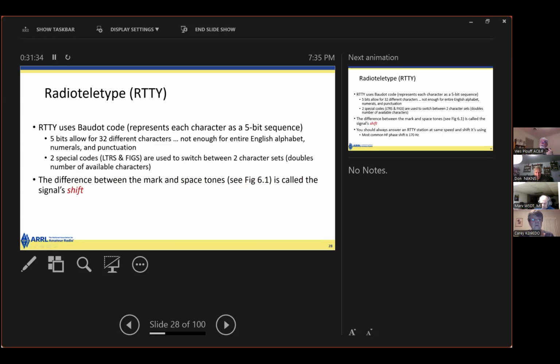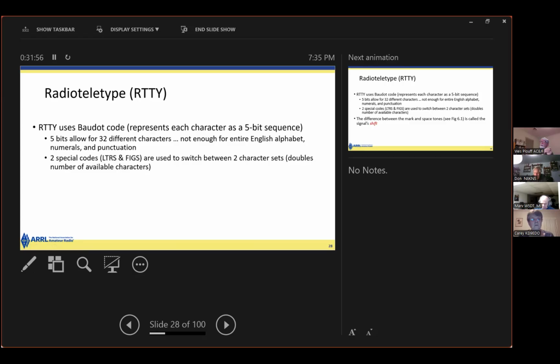Something to know about radio teletype is that some teletypes are set up so that when you send a space character, it automatically drops from figures back into letters.